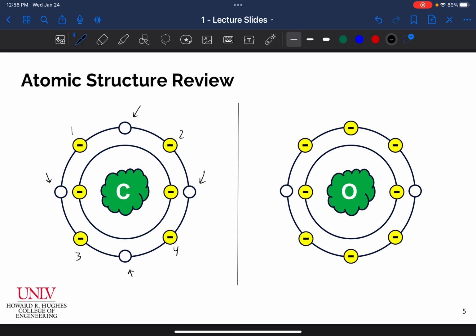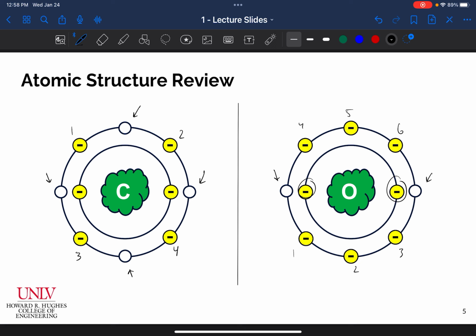So after that first orbital, which contains the first 2 electrons, the next 6 are stored in that outer electron shell. So you've got 1, 2, 3, 4, 5, and 6. And we have room for a 7th and 8th electron.